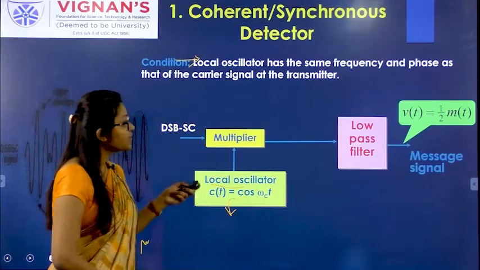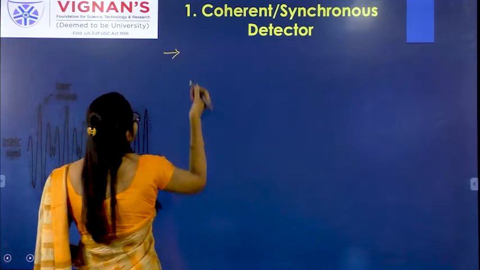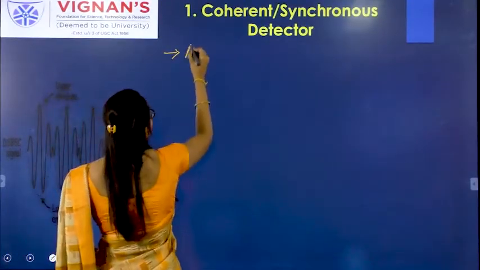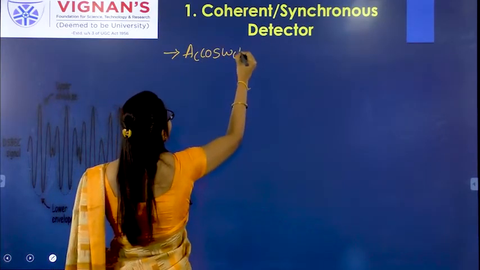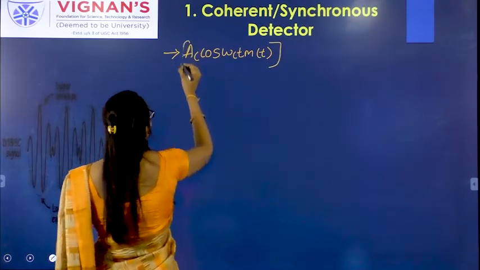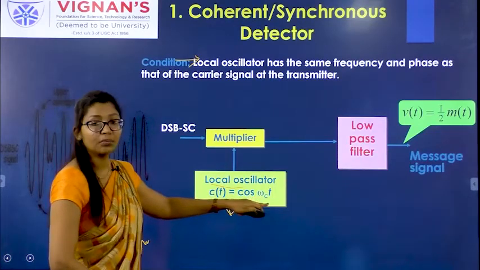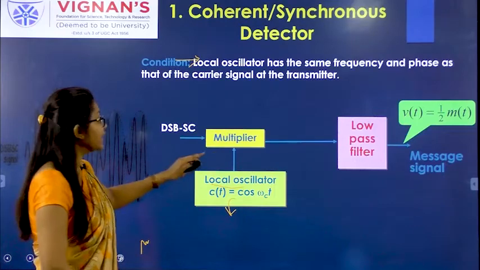So now we will see the mathematical calculation. So what is the DSB-SC signal? Ac cos omega ct into m of t, right? And this is multiplied with your local oscillator carrier, that is cos omega ct. With this block diagram only I am doing the mathematical calculation.